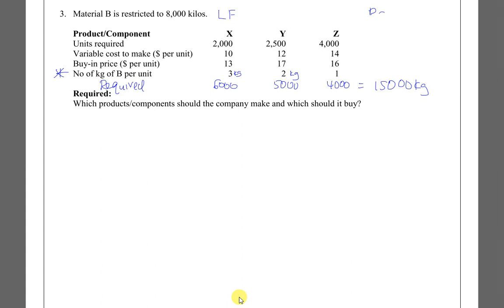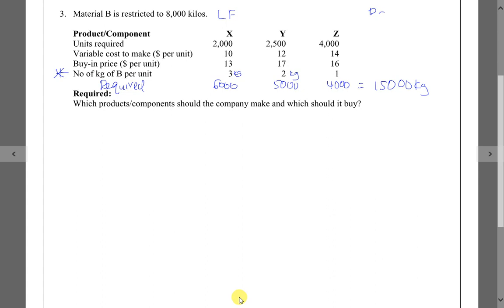It can be material, it can be labor, it can be overheads. So which product or component should the company make, and which one should it buy? If I have enough 15 kg, I'm going to make all, since I've got savings.